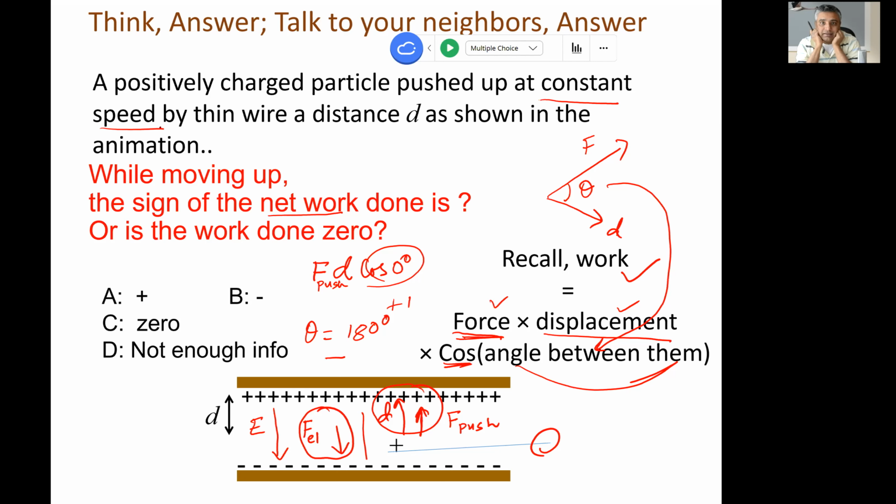Isn't it 0? Yeah, net force must be 0. So 0 force is doing how much work? 0 work. So that's one way to look at it. Another way, find the work done by the electric force and the work done by the push force. And since it is moving with constant velocity, these two forces must be balanced.